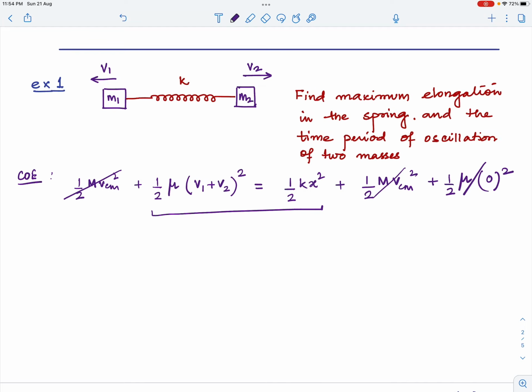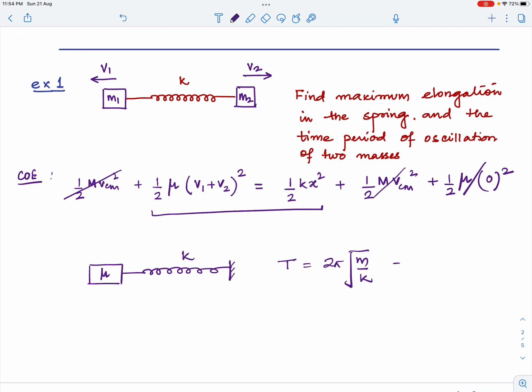The second part of the question, to find out the time period, as we have already said that this two mass system can be reduced to a single mass of value mu, which is now connected with the same spring of constant k. We know how to find out the time period of oscillation of such a system, right? We already have this basic formula, T is equal to 2 pi root of m by k, which is for a mass m which is oscillating with a spring constant k.